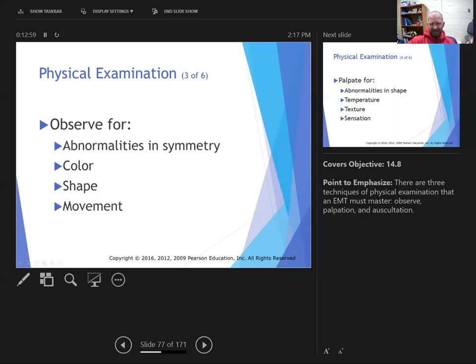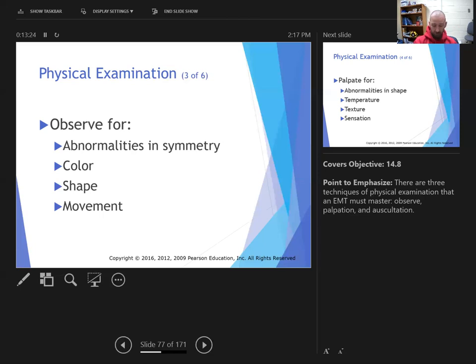Movement. We're going to look at if they have the same range of movement that a person should have, right? Somebody hurts their shoulder. Can they move their arm? Can they support the arm's own weight, holding it around? Can they only keep it close into their body, right? Range of motion, range of movement.